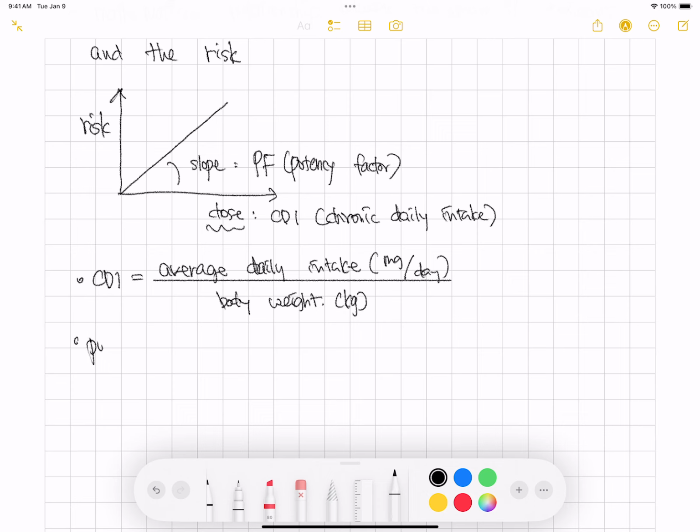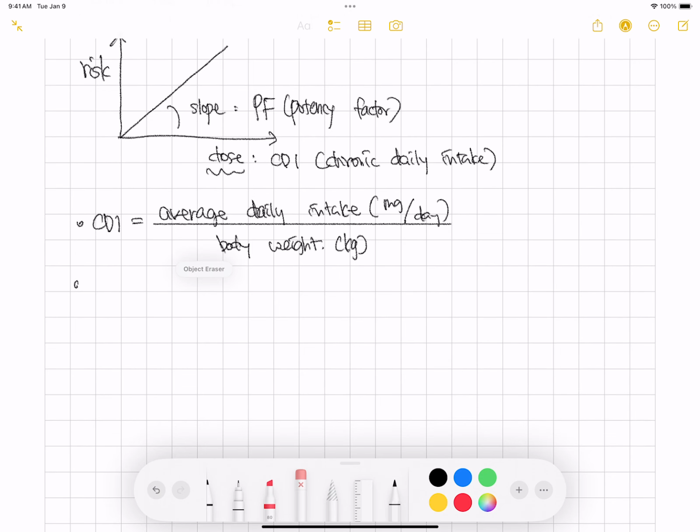And potency factor, PF, is typically given in a table. Take a look at table 9 in the textbook.